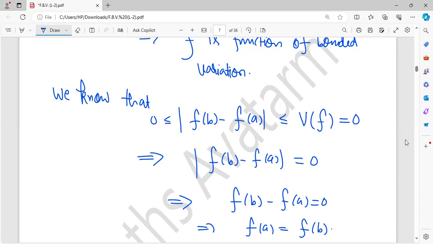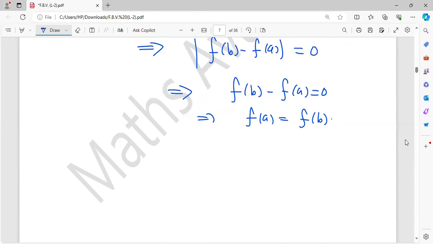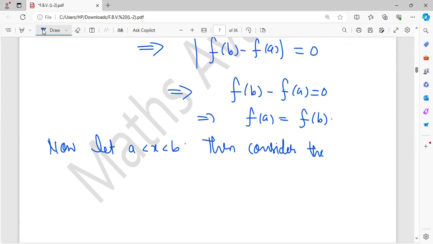Okay. Now let x be in between a and b. Then consider the partition P equal to {a, x, b}.